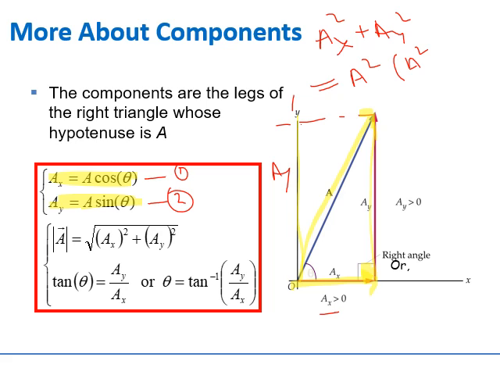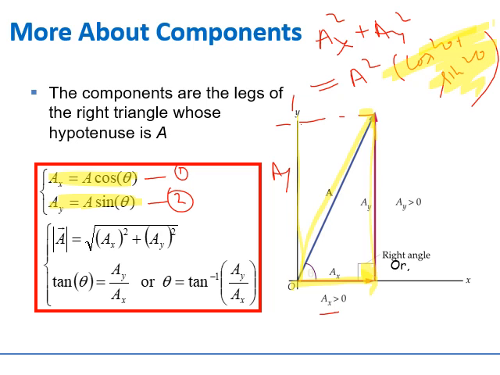A square is outside, just inside you can take cos square theta plus sin square theta, and from trigonometry this whole thing, cos square theta plus sin square theta, equals 1.